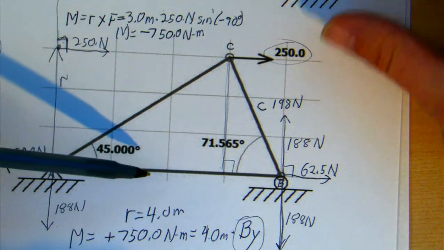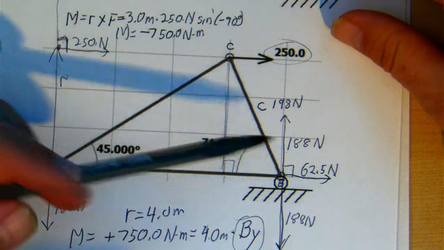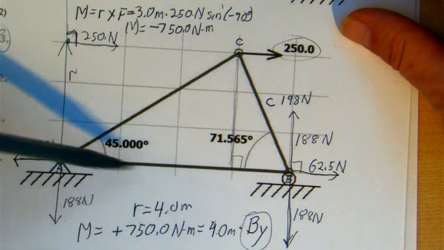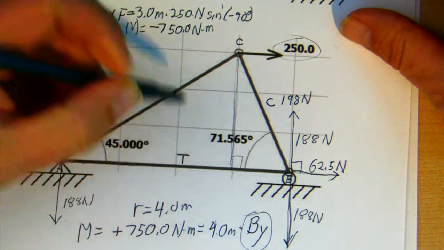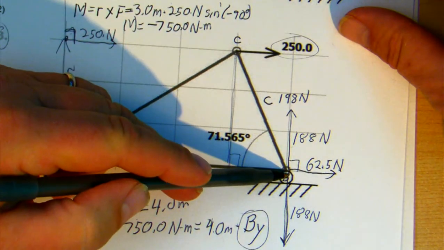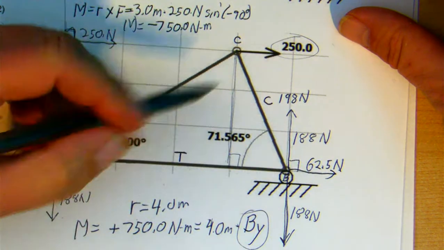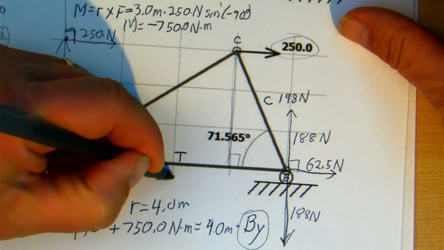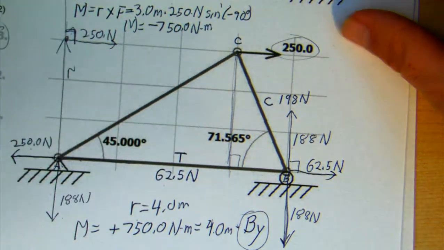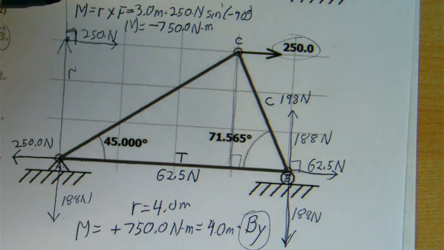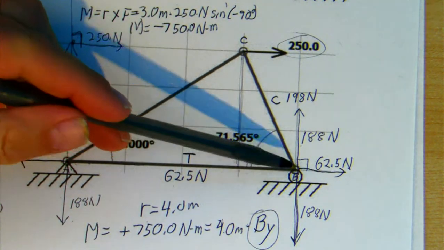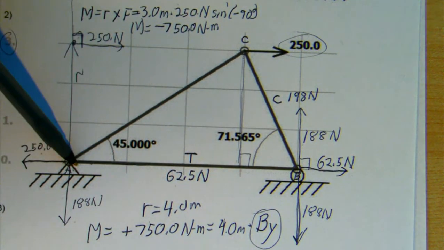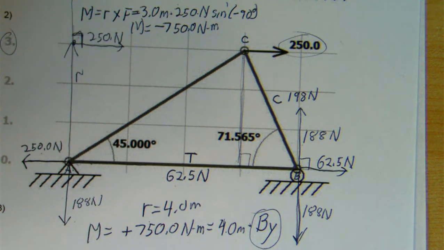And I guess I should already point out, hey, I figured out member AB must be under tension because A is pulling B to the left with a magnitude of 62.5 newtons. A is pulling B to the left, so B is pulling A to the right with a magnitude of 62.5 newtons.